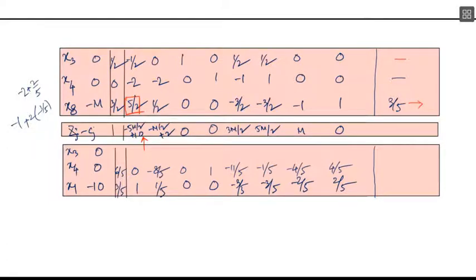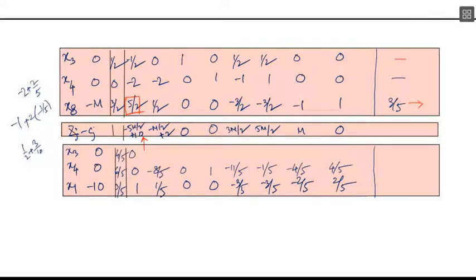Now to transform the first row, multiply the transformed third row with half and add, so it will be half plus 3 by 10, which is 8 by 10, that is 4 by 5.